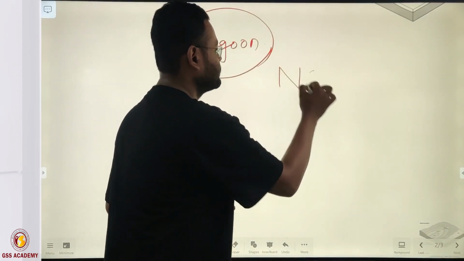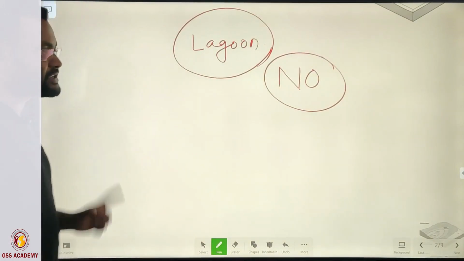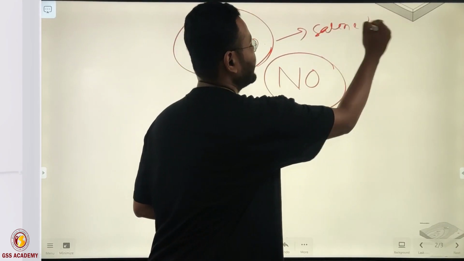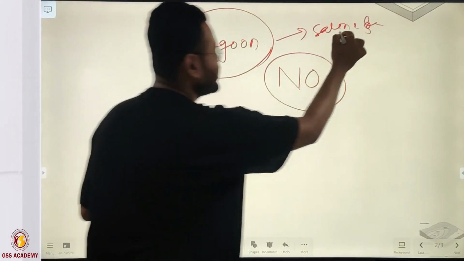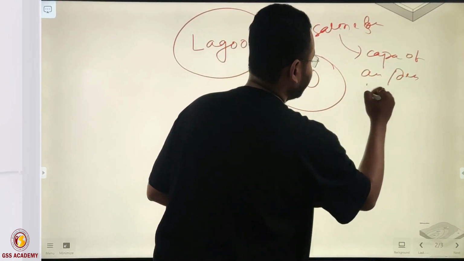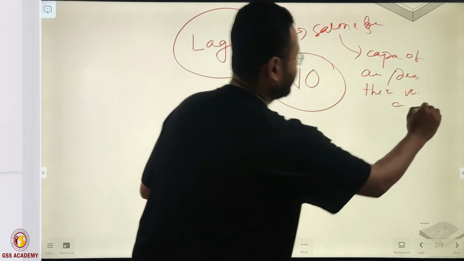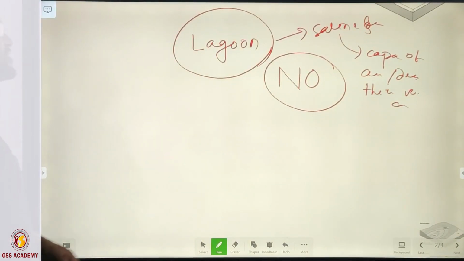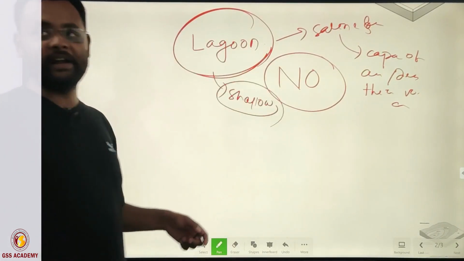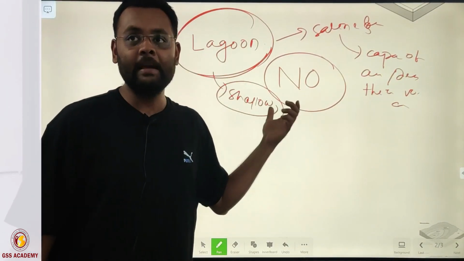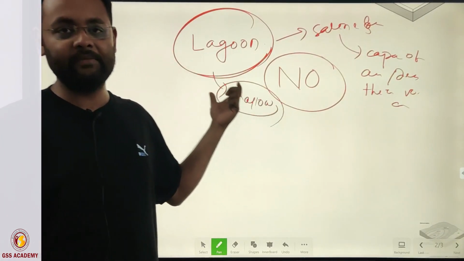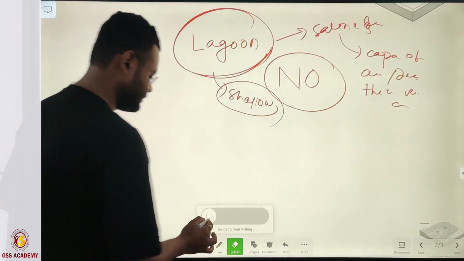The answer is no, because the major difference between the lagoon and the saline giants, or the evaporite basins, is that saline giants are capable of accumulating a thick volume of evaporites, but in comparison to the saline giants, these lagoons are much more shallow, and due to their very low depth, a lagoon cannot accumulate a relatively thick volume of evaporites.